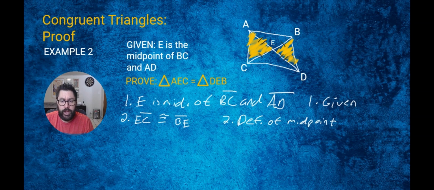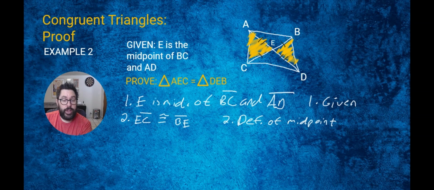Well, if I used 1 mark on both of these that I just put 2 on, that's saying all 4 of those segments are the exact same because they all have 1 mark. I don't actually know that though. All I know is that AE is the same as ED because that segment got split in half by E. And I know CE is the same as BE because that segment got split by E. I don't know that AD and BC are the same length. So we got to use different marks. That's all we know.